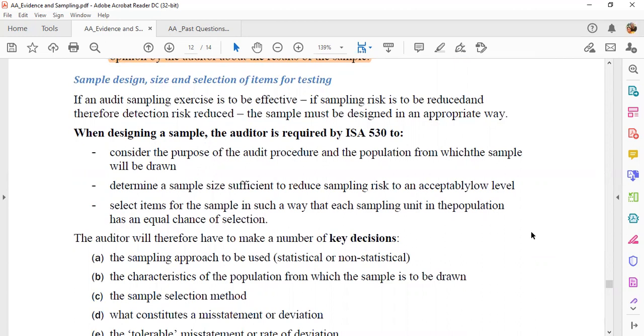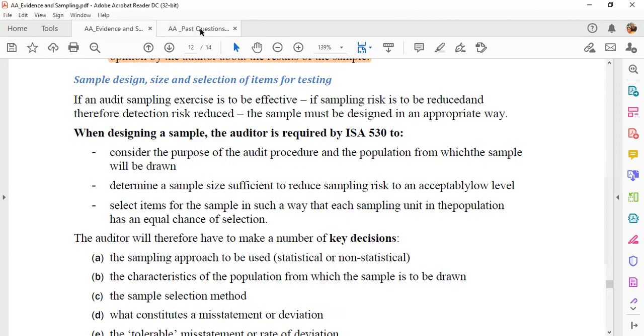These are the remaining things that we need to talk about now: sample design, size, and the selection of items. If an audit sampling exercise is to be effective, please don't forget, this is usually very important.